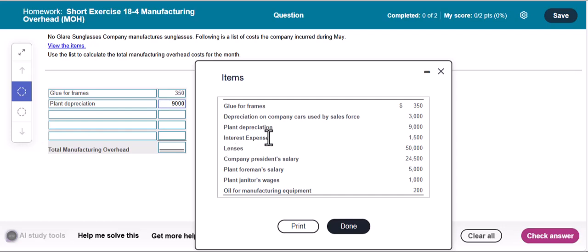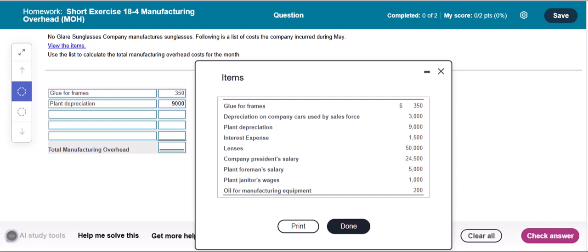The interest expense is not a cost of actually building the sunglasses. So let's go to lenses. Lenses are a product cost for building the sunglasses, but they are a direct material, so they are not included in manufacturing overhead.